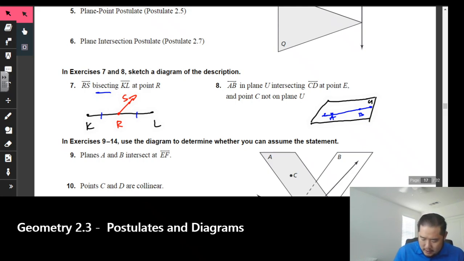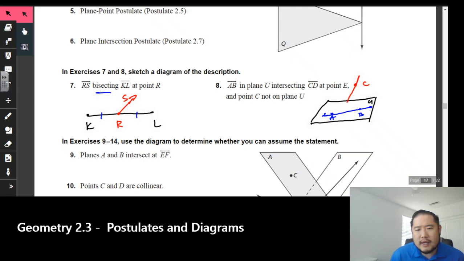That's interesting. If it's not on the plane, then let me draw a point that happens to be outside, and there's point C, and it's saying it intersects at point E. So I'll make a line going through right here.